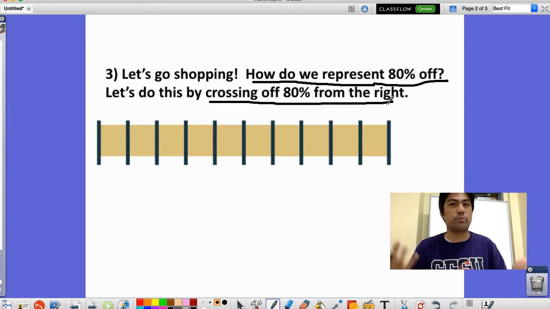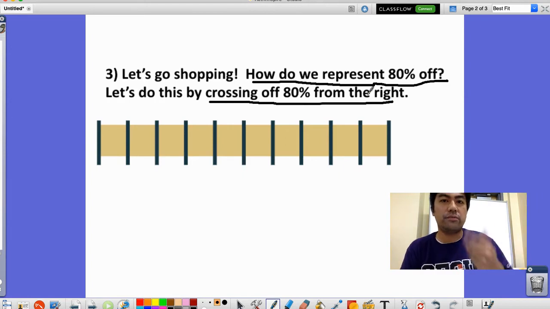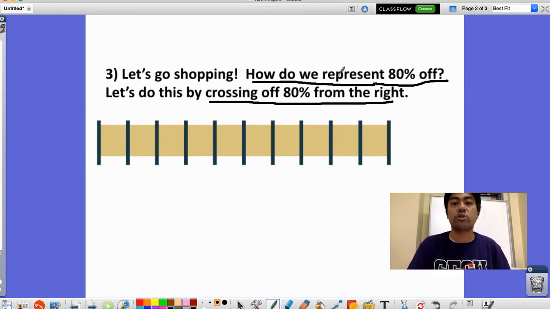Because sometimes word problems have a lot of words, it helps if we underline what we need to do. So we know that we need to cross out 80% from the right, and we're trying to represent 80% off. If we remember what we learned, each of these tiny pieces here are 10%.